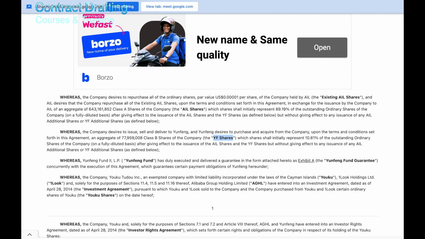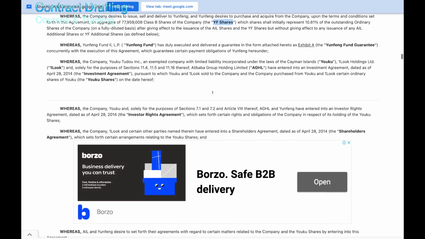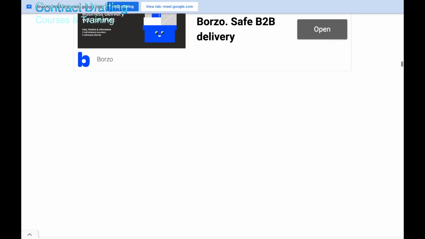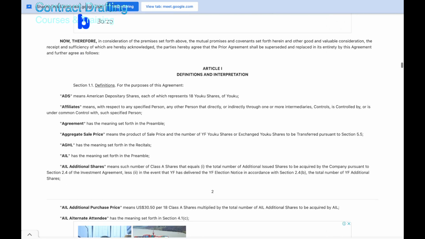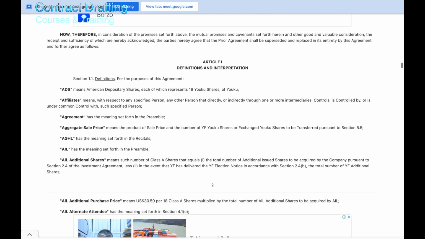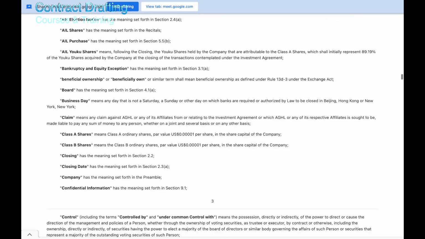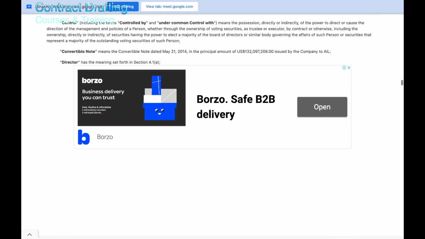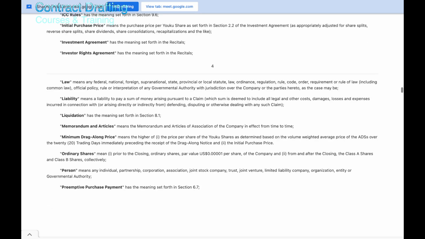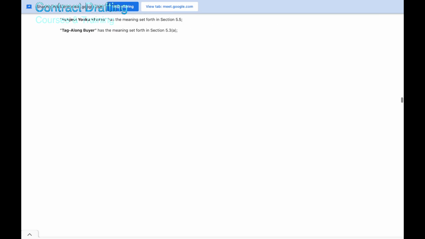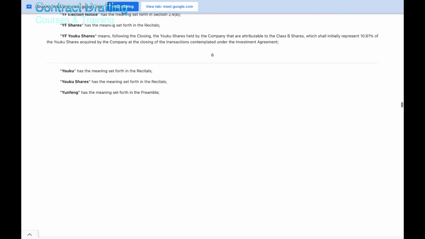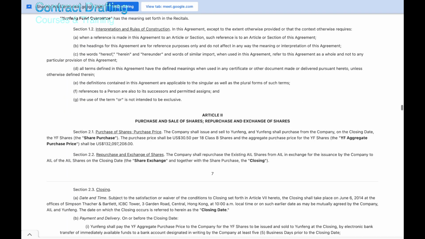Now, without going into detail of the transaction, let's move to the interpretation clause. The definition section we will come back to, but before that, let's see the interpretation clause. This is a very lengthy contract. You may take time to understand it.